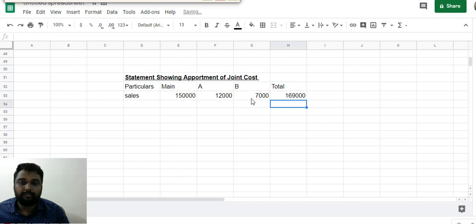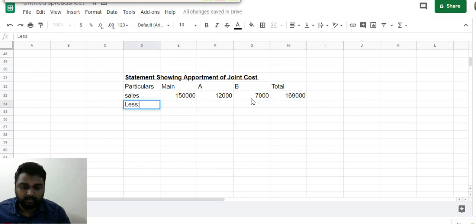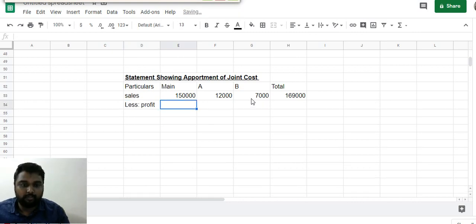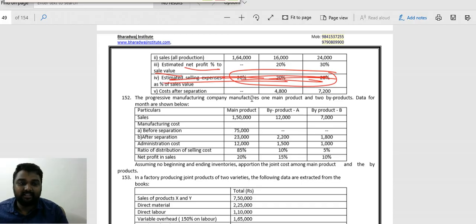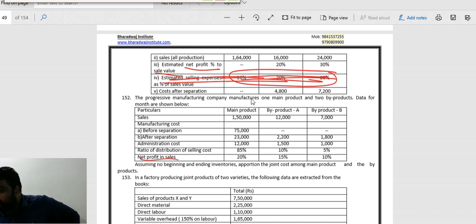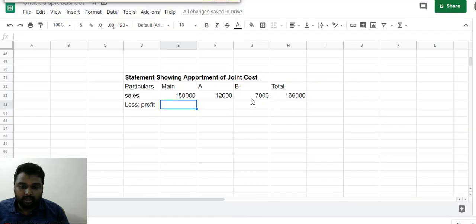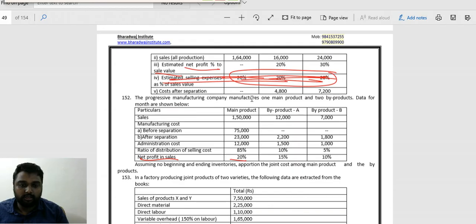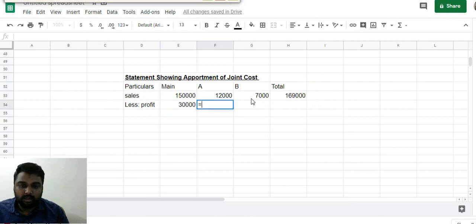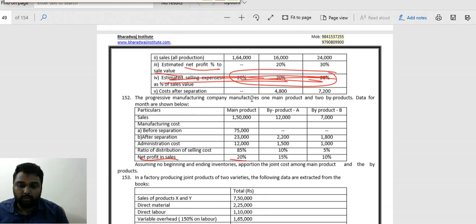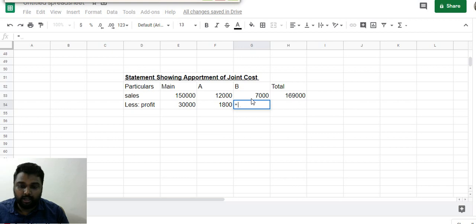So less profit. What is the profit? Profit is given as a percentage of net sales. So for the first product it comes to 20%, the second product 15%, and the third product only 10%.